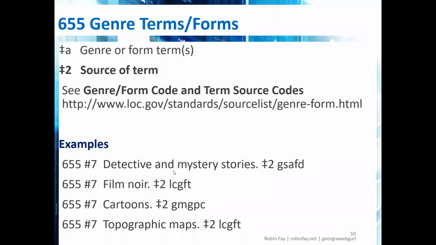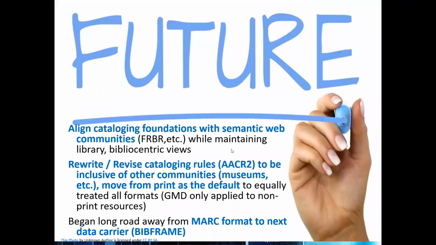Even though it's from the Library of Congress, it's the genre form term, so it's not one of the other predefined categories. It's in its own other category. And you can see here we're using three different thesauruses, and we're defining them in that subfield 2.